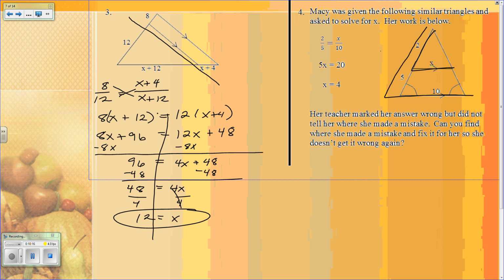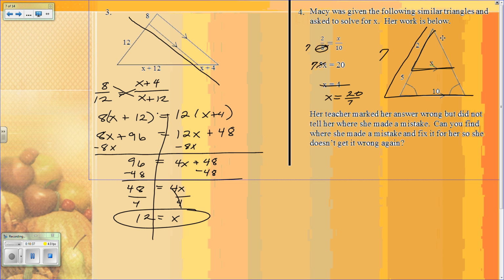So really, this whole side here is 7. So the 5 should have been a 7. So then when I did my answer, I should have gotten x equals 20 over 7, which would be almost 3. So big difference, okay?